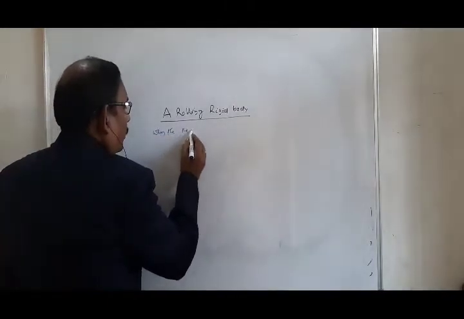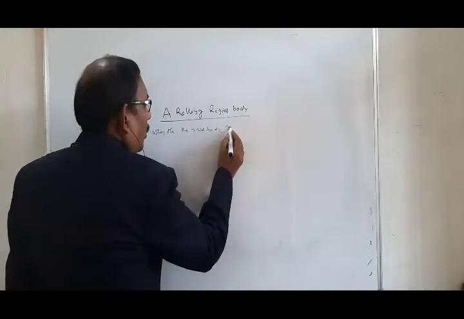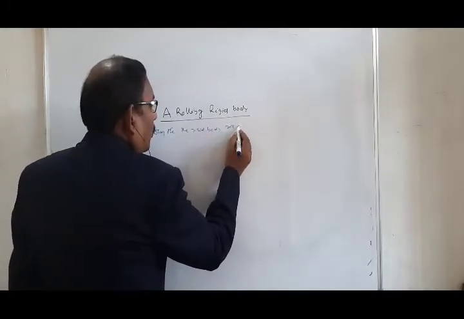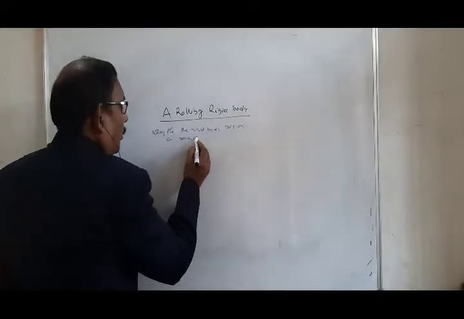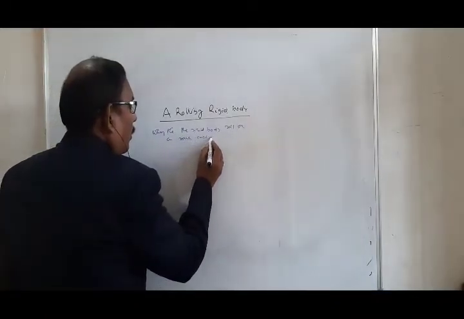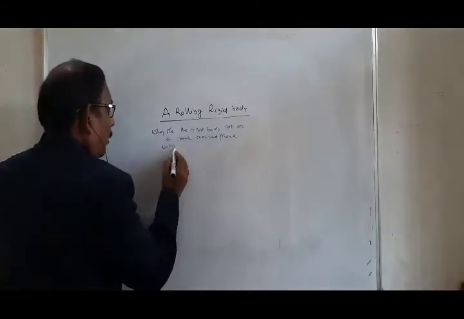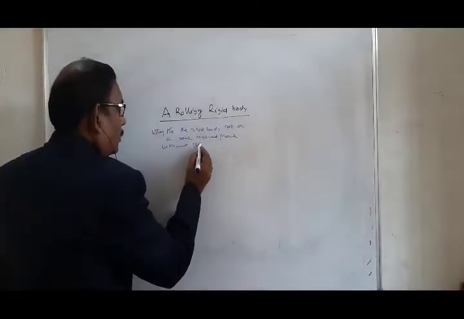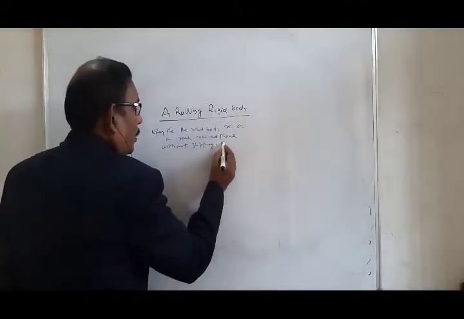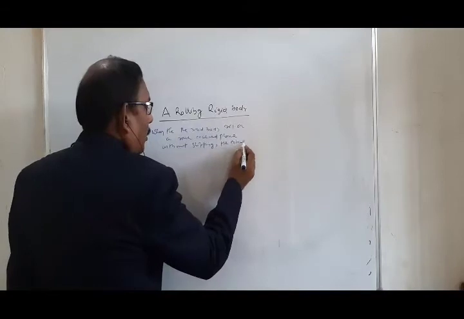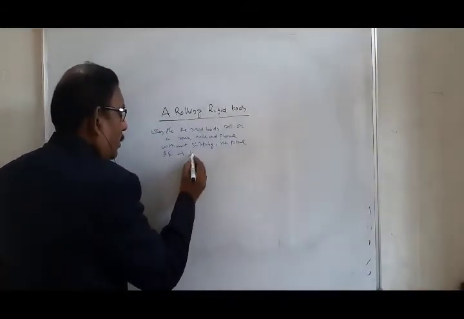When the rigid body rolls on a rough inclined plane without slipping, the total potential energy is converted into kinetic energy.